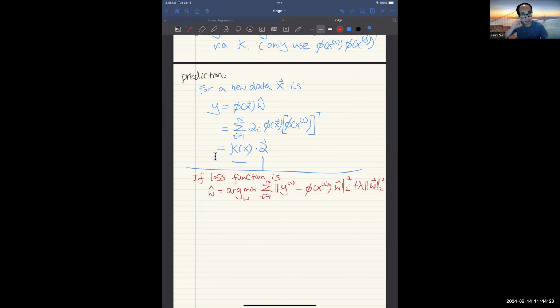Then we plug in W and translate this, because I want to find alpha hat.